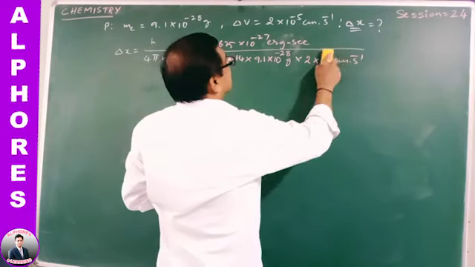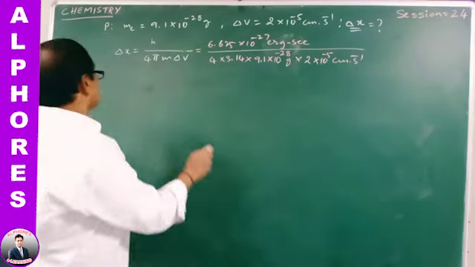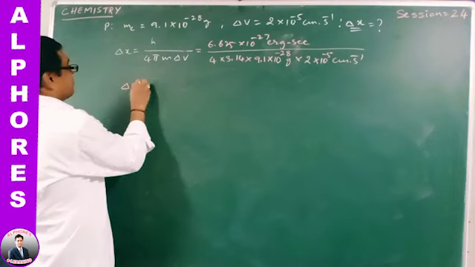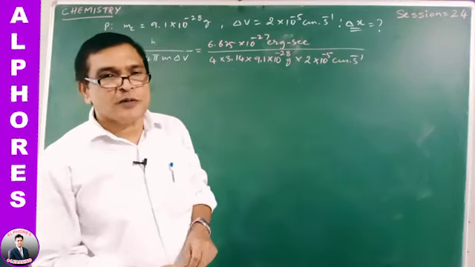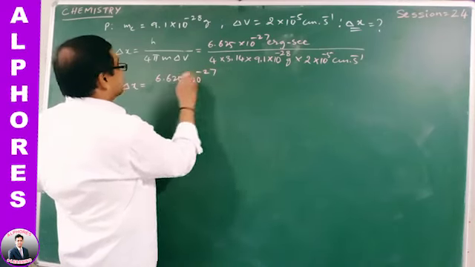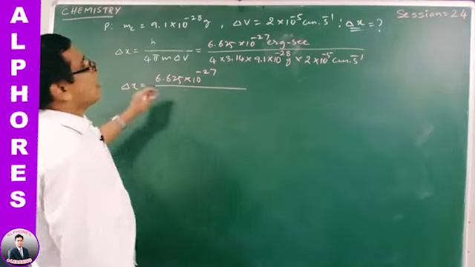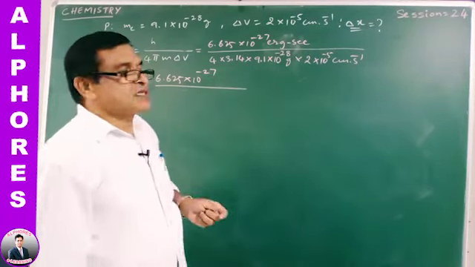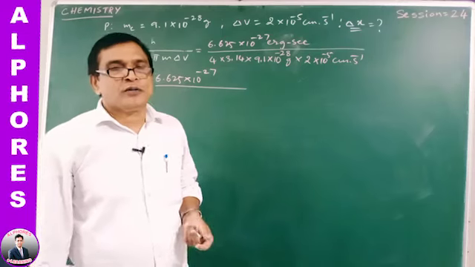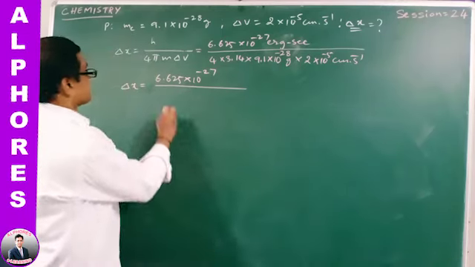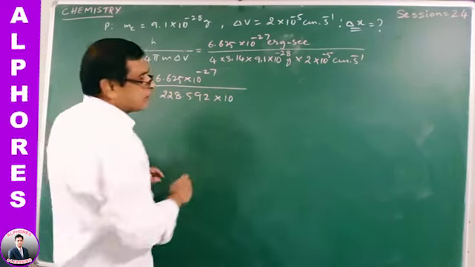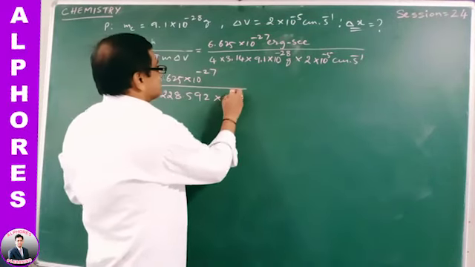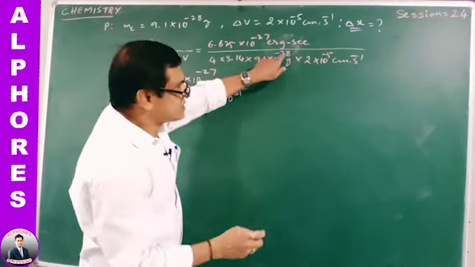On complete substitution, delta x is equal to 6.625 into 10 to the power minus 27 erg seconds by, on simplifying this, 4 into 3.14, that is 228.592 into 10 to the power minus 31.